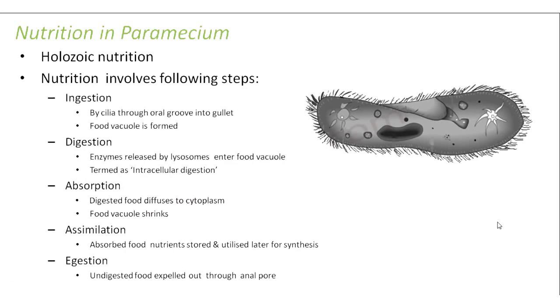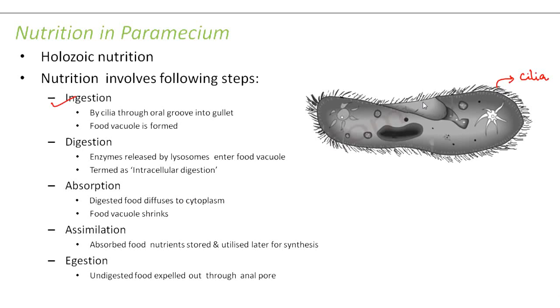The first step is ingestion. How does the intake of food take place in case of paramecium? By cilia through the oral groove into the gullet. What are cilia? Cilia are the fine hair-like structures on the outside. These are the cilia. What is the oral groove? Oral means mouth.